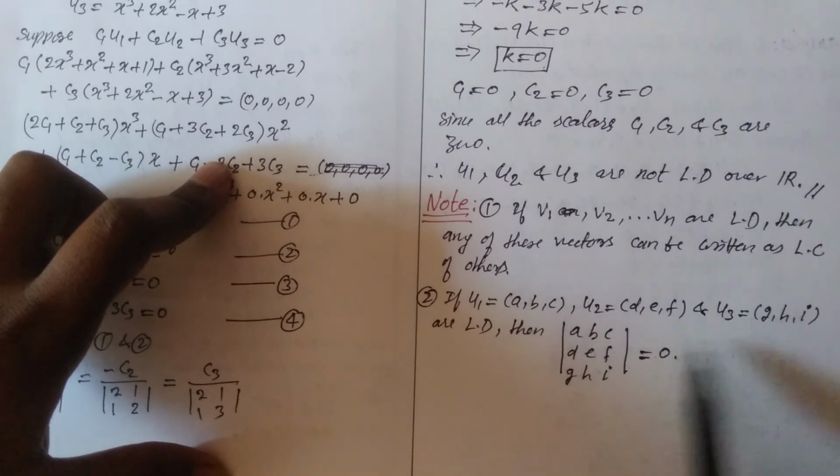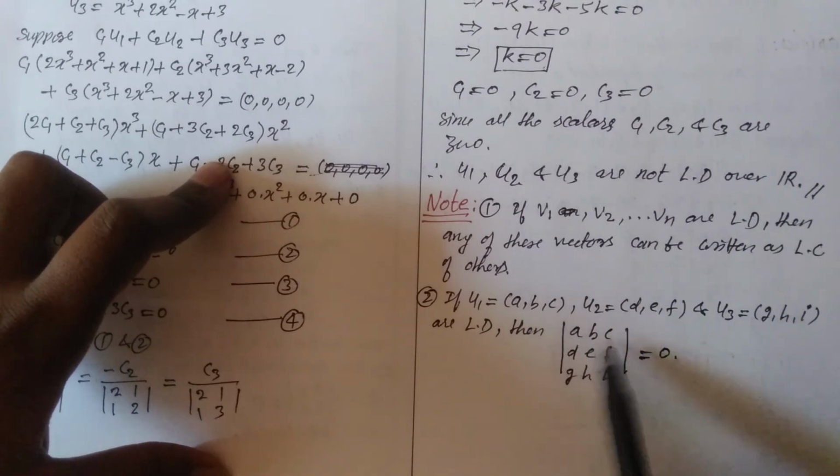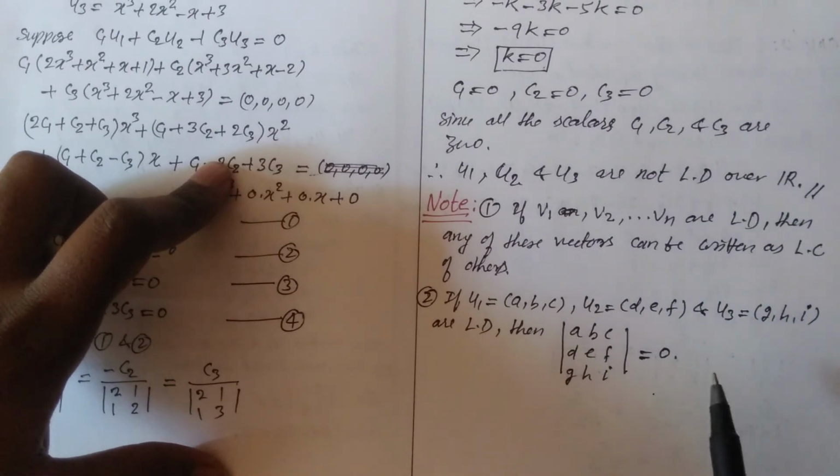If set of vectors are linearly dependent, then their determinant must be 0.